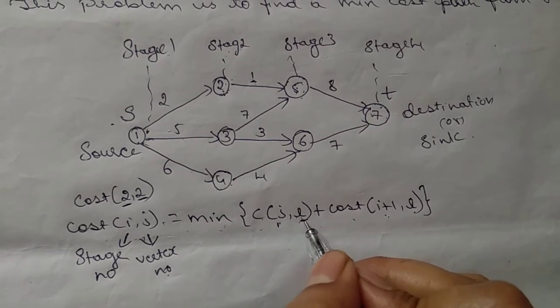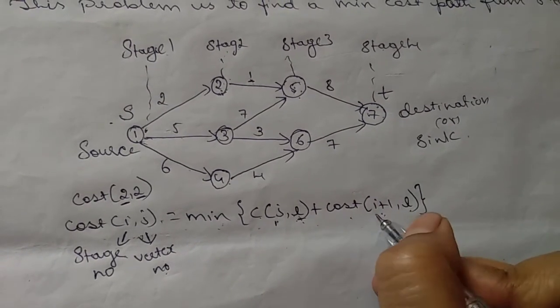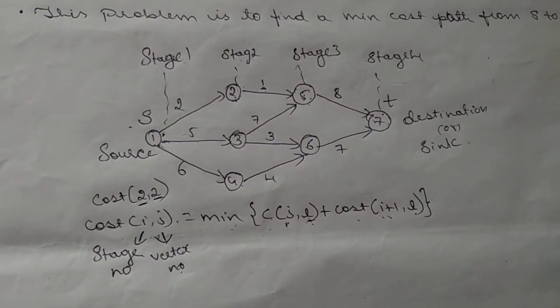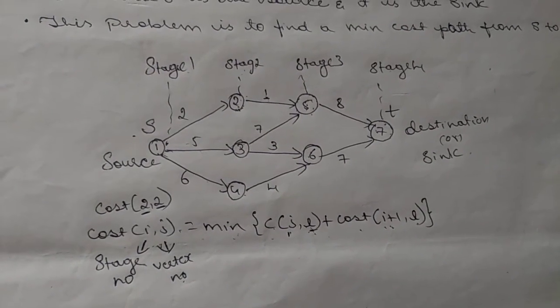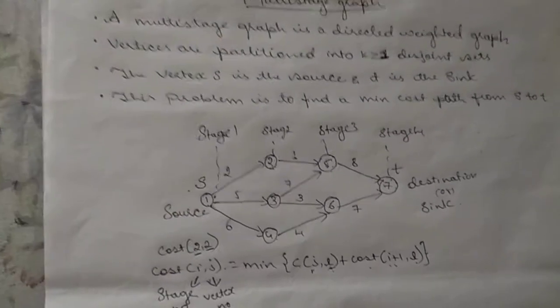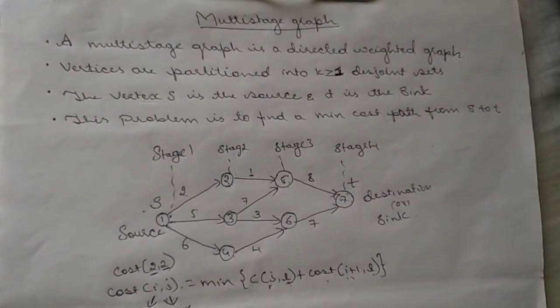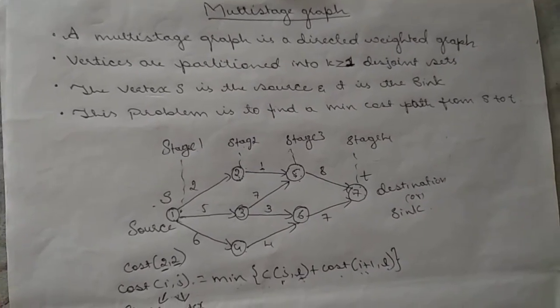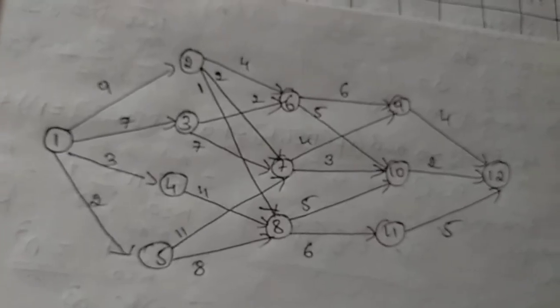Next vertex means the next stage, so I am taking i plus 1, cost of i plus 1 comma l, that particular vertex. Okay, this is how you have to remember it with respect to a multi-stage graph. This is very important. Now we'll go for the problem of this multi-stage graph.